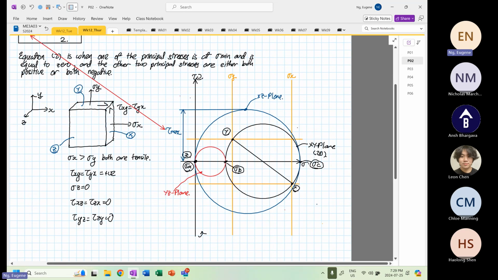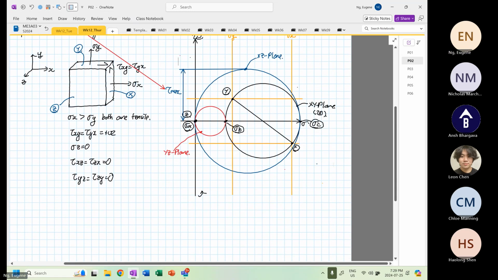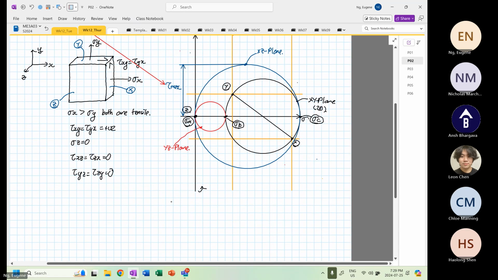So if we were to do the math, we know that for stress max, we would now like to calculate our tau max. And to calculate our tau max, we know that this is equal to stress max divided by 2, right?